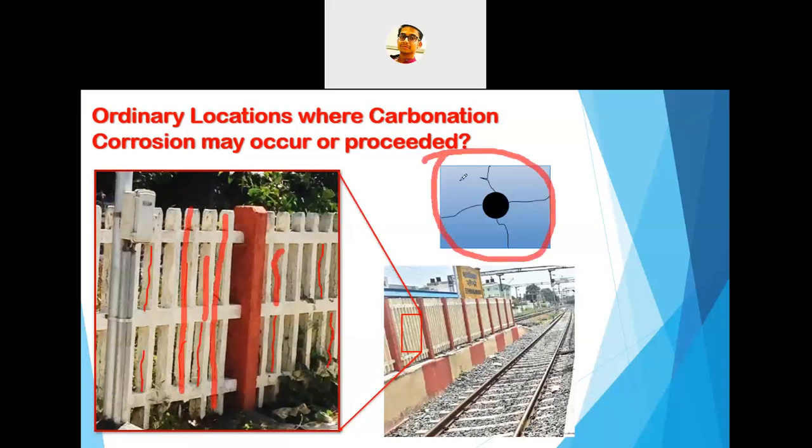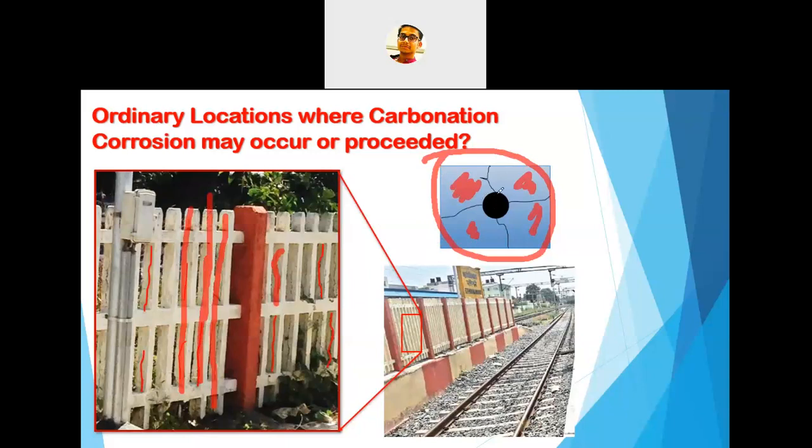The material they use for making these types of pillars is porous mortar. Even if it is concrete, the aggregate sizes are quite small, so these are porous in nature, and due to this porosity, the carbon dioxide easily enters through the concrete. There is one rebar through the middle of the pillar.